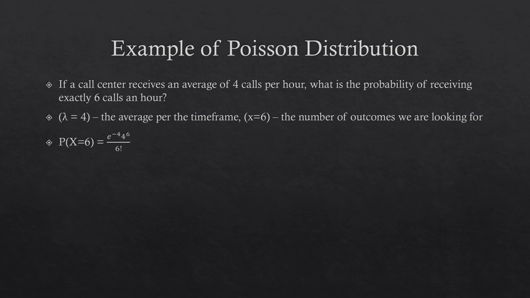But our lambda is going to be equal to 4 because that's the average in our time frame. X is equal to 6 because that's the outcome that we're looking for. So if we put it into our formula, we'll get e to the power of negative 4, which is our lambda, multiplied by 4 to the power of 6 divided by 6 factorial. Now if you plug that into your calculator, that will get you the probability.